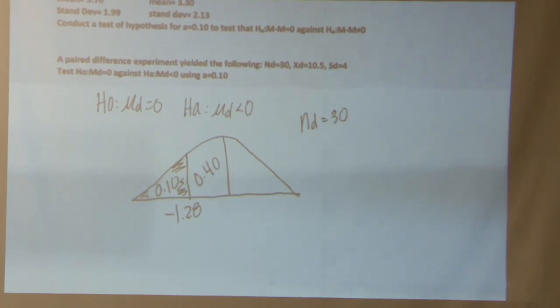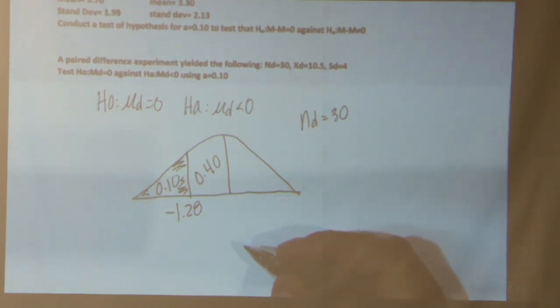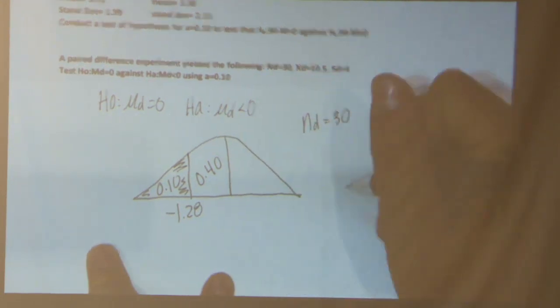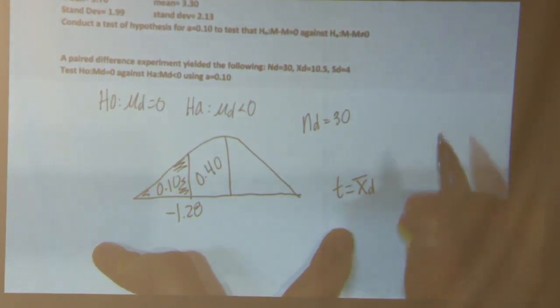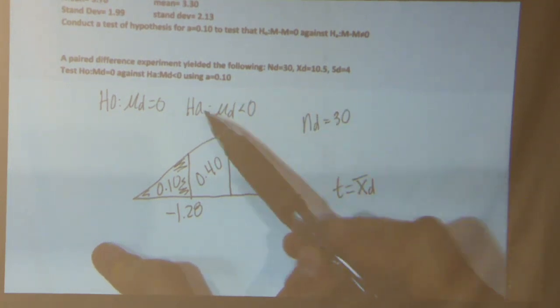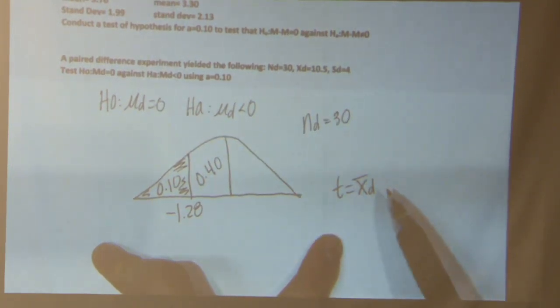So now we have our critical value corresponding to our rejection region, and now we have to see if our test statistic is going to fall in this range. So for a paired difference, to find your test statistic, you're going to do t is equal to your x bar D. And then again, if we were finding anything other than 0, we would have to subtract it out right here.